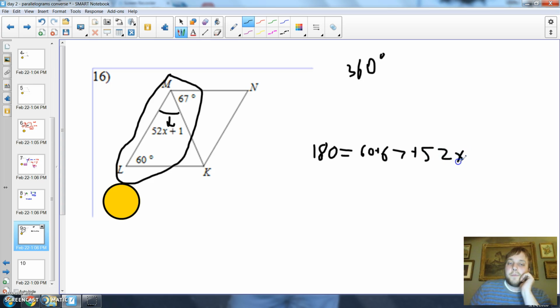I know all three of these should total 180 degrees. So I'm going to combine the 60 and 67 and 1. Those are all like terms. I'm going to combine that. It's going to give me 180 equals, I believe, 128.